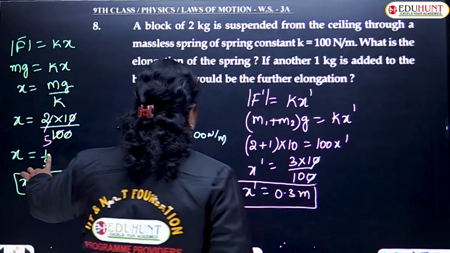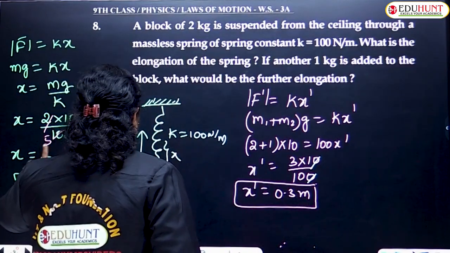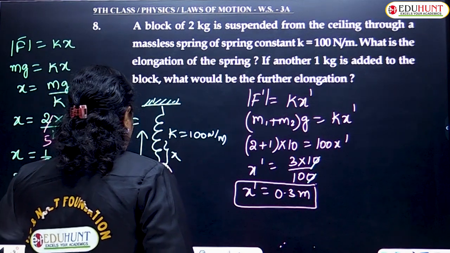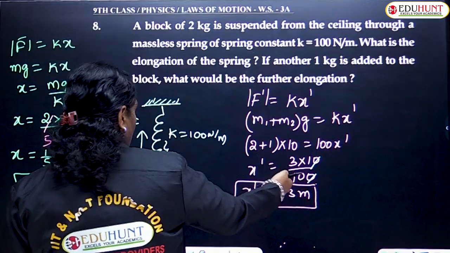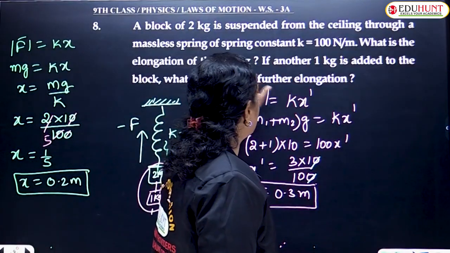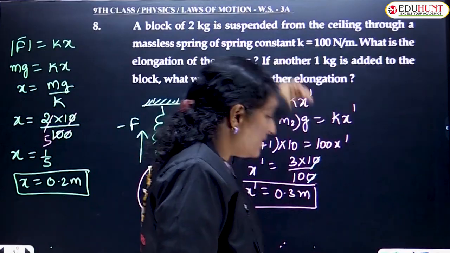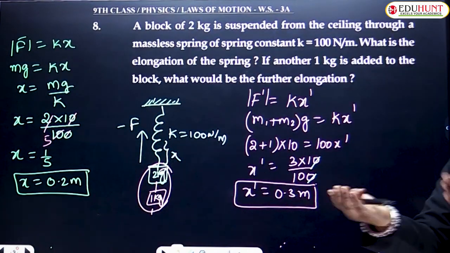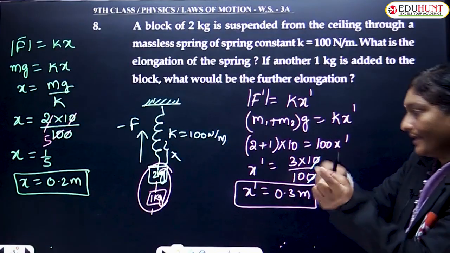So earlier, when only the 2 kg mass is suspended, the elongation was found to be 0.2 meters. But now the new elongation was found to be 0.3 meters. But here in the question it was asked how much further it has been elongated. From 0.2 meters to 0.3 meters, what is the extra elongation?